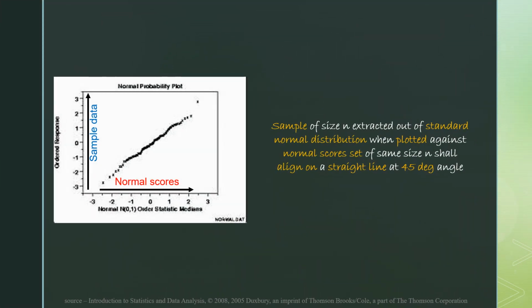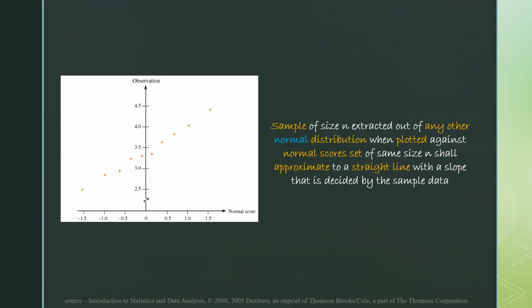A sample of size n extracted out of a standard normal distribution, when plotted against a normal scores set of the same size n, shall align on a straight line at a 45-degree angle. A sample of size n extracted out of any other normal distribution, when plotted against normal score sets of the same size n, shall approximate to a straight line with a slope that is decided by the sample data.